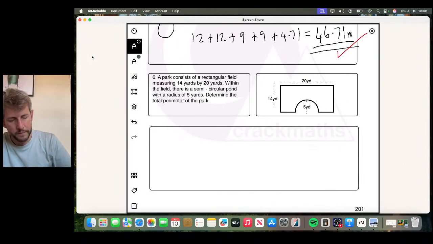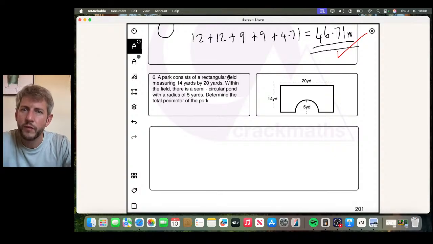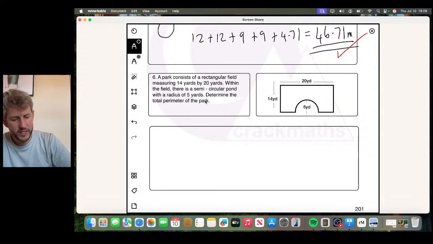A park consists of a rectangular field measuring 14 yards by 20 yards. Within the field there is a semicircular pond with a radius of 5 yards. Determine the total perimeter of the park. If that's 20, that's 14, and this will be 14 as well. If this has a radius of 5, that means all the way across is 10.